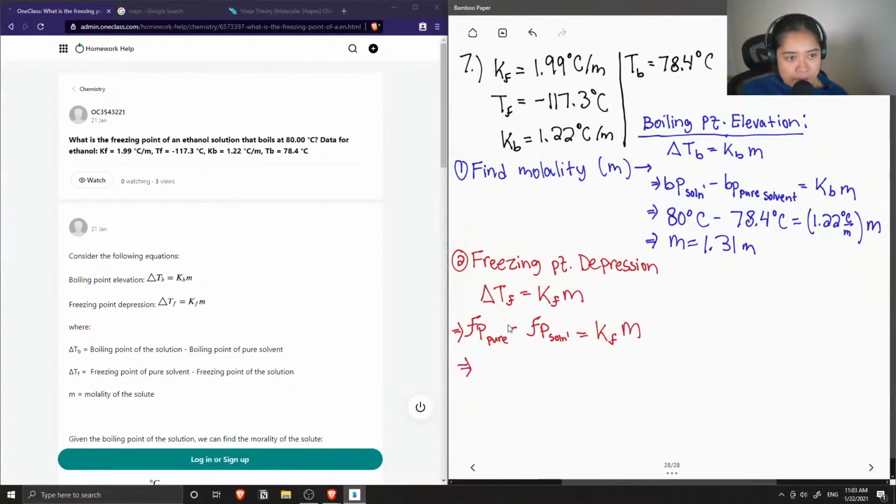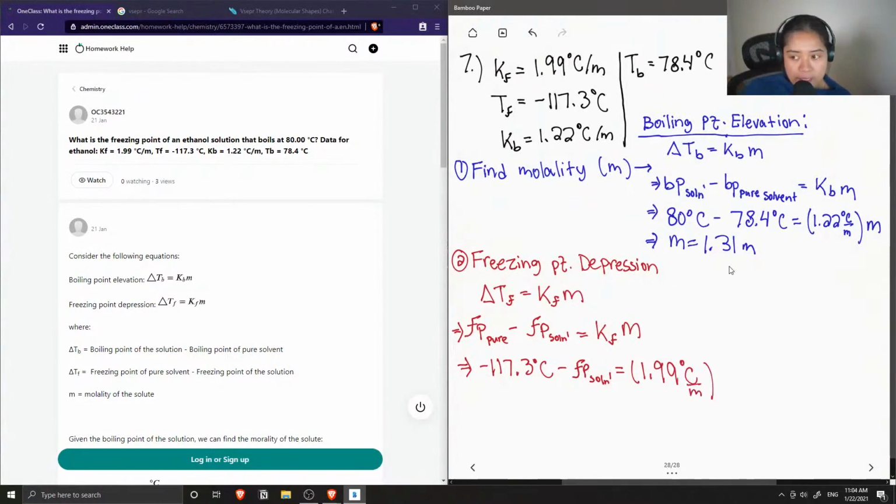So we know the freezing point of our pure solvent is negative 117.3. And we're trying to solve for our freezing point of solution. We know our Kf value is 1.99 degrees Celsius over m.